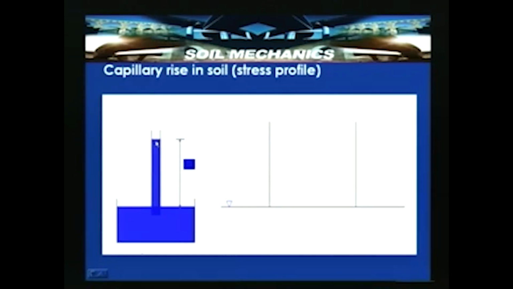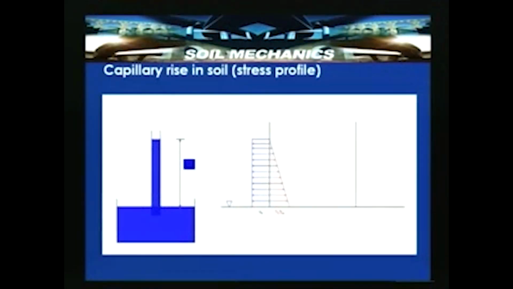So, here UC is the capillary pressure we have calculated, F divided by the area of the tube, where F is nothing but T0 into pi d cos alpha, which is acting over the periphery of the entire tube of the inner diameter of the tube. Now, this is gamma W HC, the hydrostatic pressure, the water column here exhibits zero pressure here and gamma W HC here.